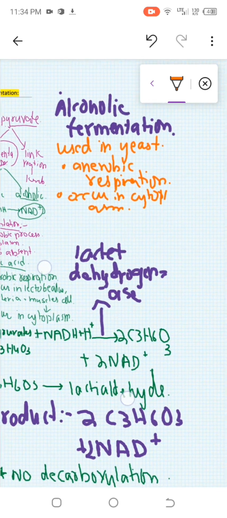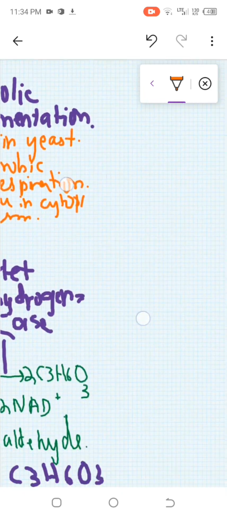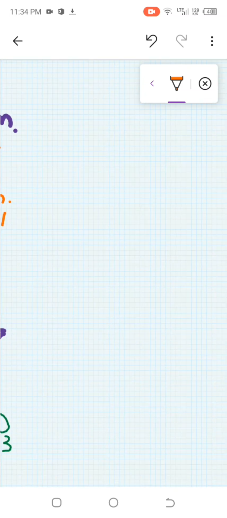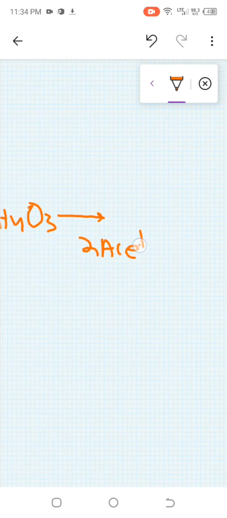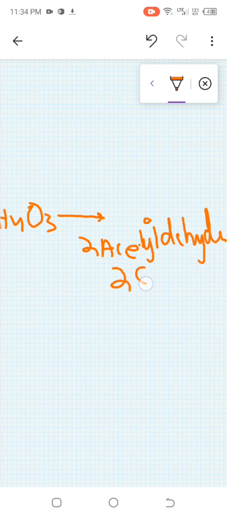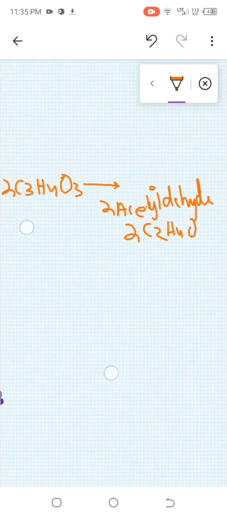Let me make it here. The 2 C3H4O3 will be converted into 2 acetaldehyde, which is 2 C2H4O.